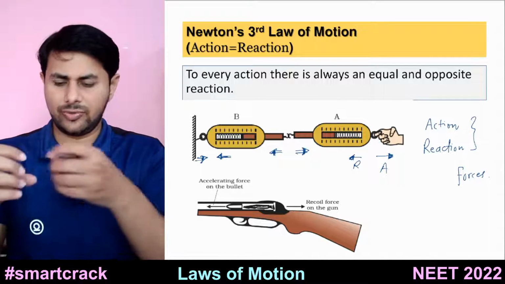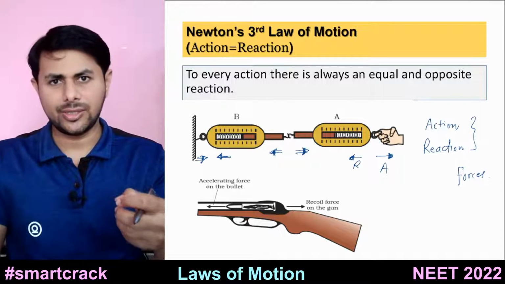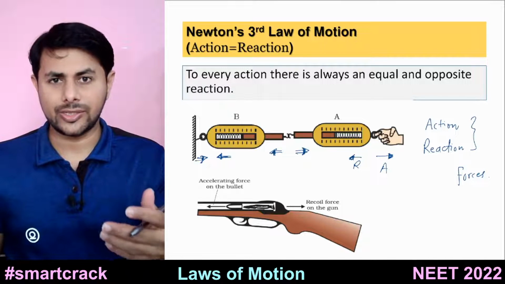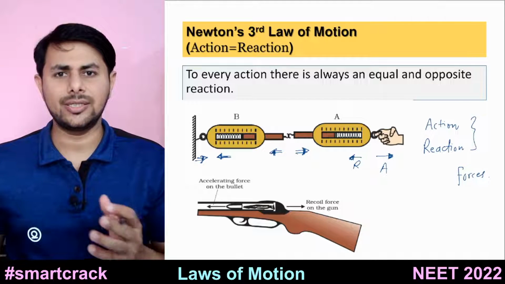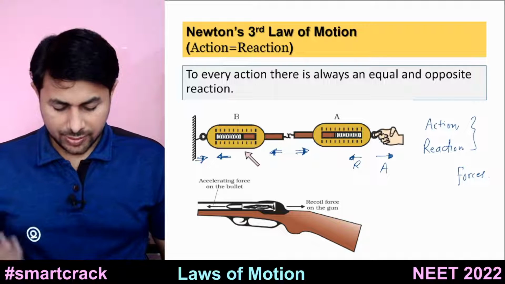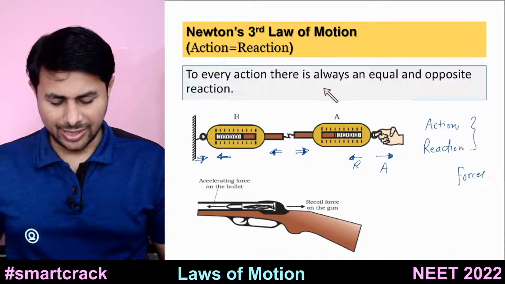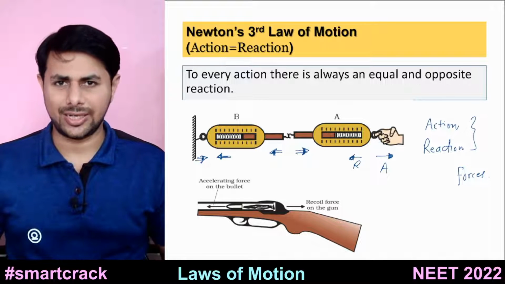So the first balance pulls on the second balance, the second balance pulls on the first balance, and the force with which they pull on each other is equal. All right, so this proves Newton's third law of motion: to every action there is always an equal and opposite reaction.